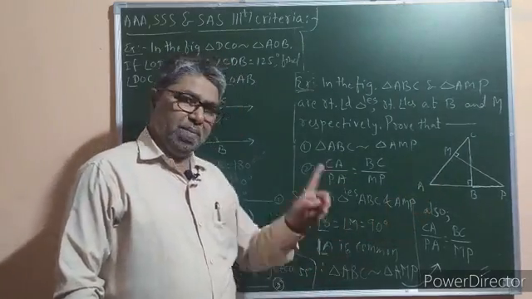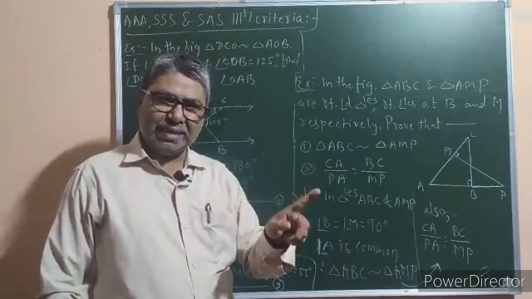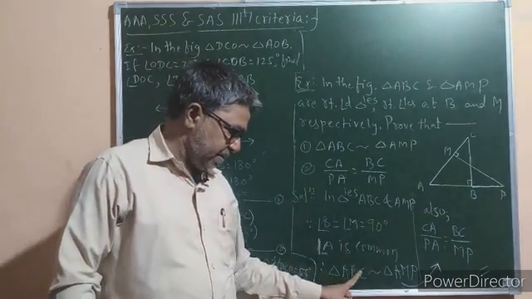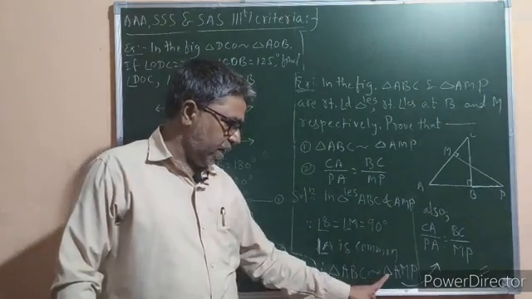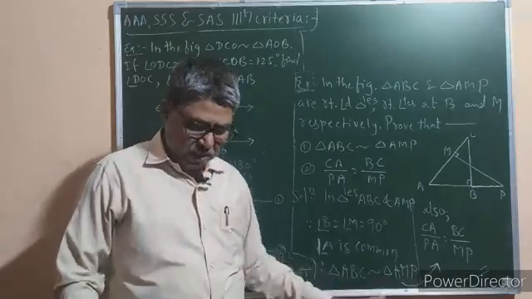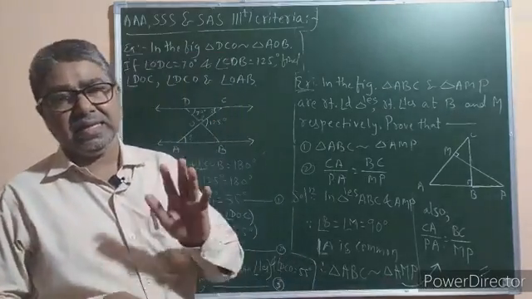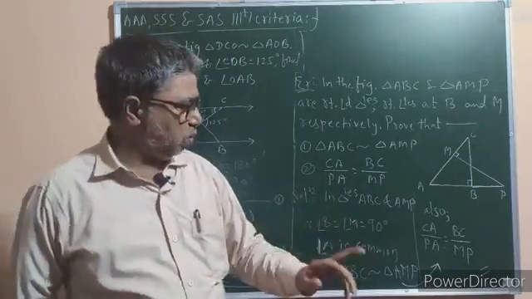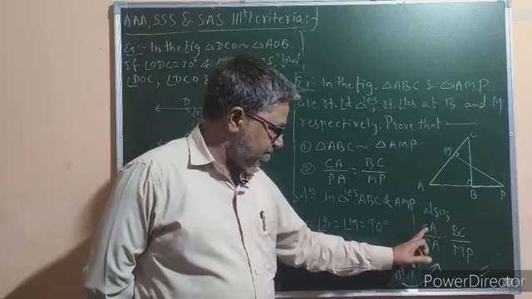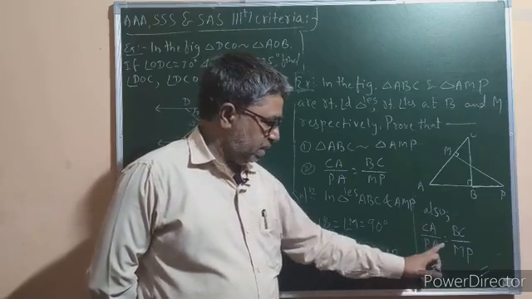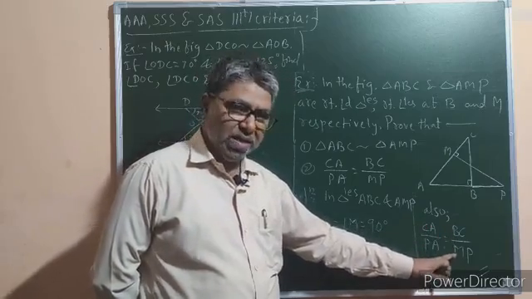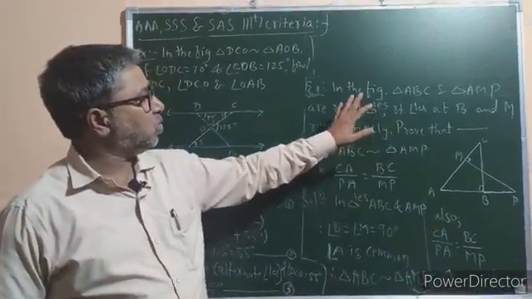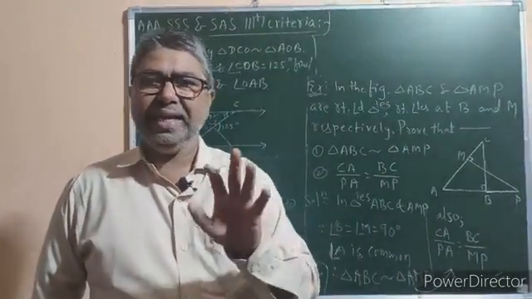Hence, by AAA criterion, triangle ABC is similar to triangle AMP. If two triangles are similar, then their corresponding sides are in equal ratio. Also, CA upon PA is equal to BC upon MP. So this is the solution for today's second example.